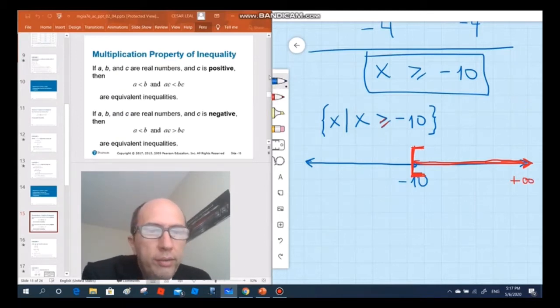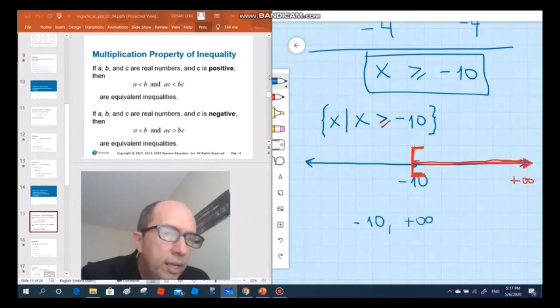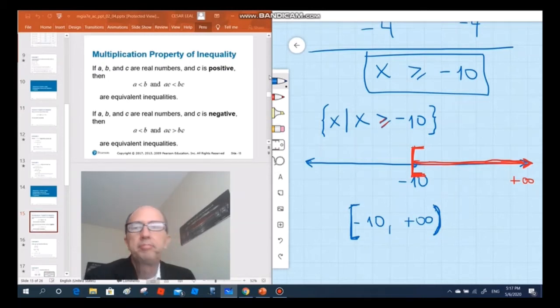And interval notation, negative 10 to positive infinity. Infinity is always parentheses, and negative 10, this number here, is included in the solution, is part of the solution, so this bracket.